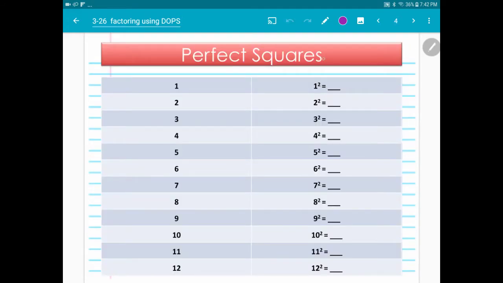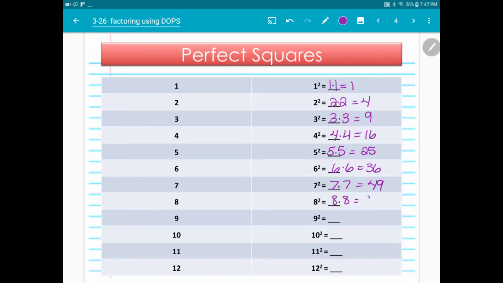So perfect squares. Let's just quickly review this. 1 squared is 1 times 1. That equals 1. 2 squared is 2 times 2. That equals 4. 3 squared is 3 times 3. That equals 9. 4 squared is 4 times 4. That's 16. And so on. 5 times 5, 25. 6 times 6, 36. 7 times 7, 49.